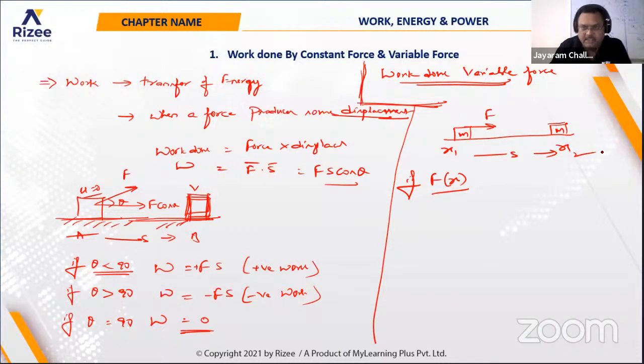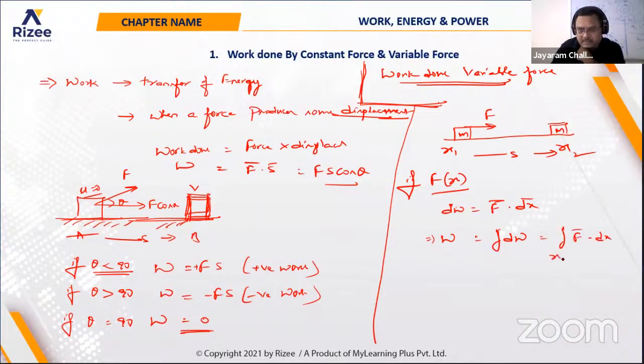Let this position be x1 and this position be x2. Then the work done in moving it a smallest displacement, dW, can be written as F of x, or F bar dot dx bar, and the total work done can be obtained as W is equal to integral of dW, in the sense integral of F bar dot dx, where x values are changing from x1 to x2.